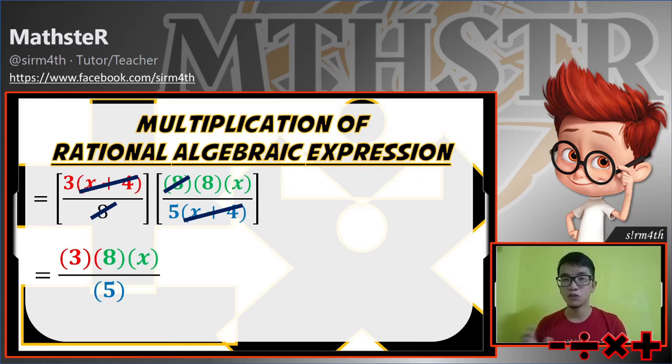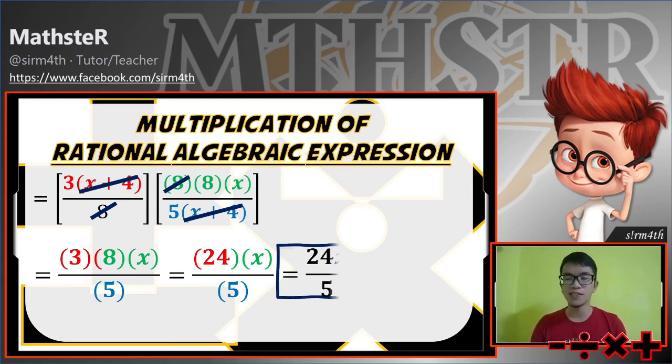Ngayon, we are going to find out what will be the product if we multiply 3 times 8 times x. Okay, so we have 24x over 5. So since yung denominator natin is already 5, ibig sabihin, kokopyahin na lang natin yan. So 3 times 8 is 24 times x, the answer is 24x over 5. Our final answer is 24x over 5.